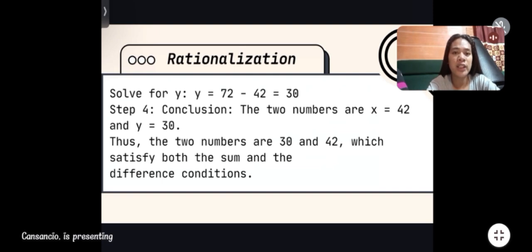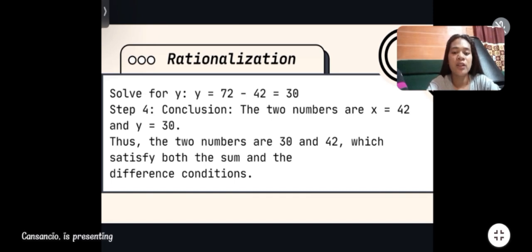So step 4, conclusion, the two numbers are x is equal to 42 and y is equal to 30. Thus the numbers are 30 and 42, which satisfy both the sum and the difference conditions.